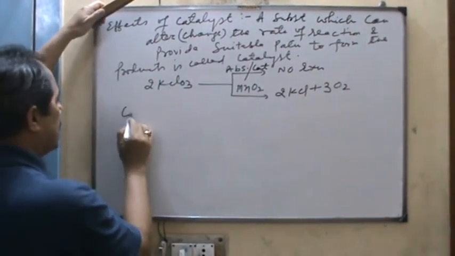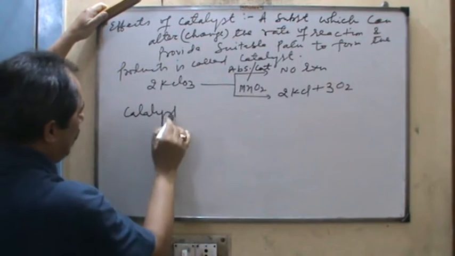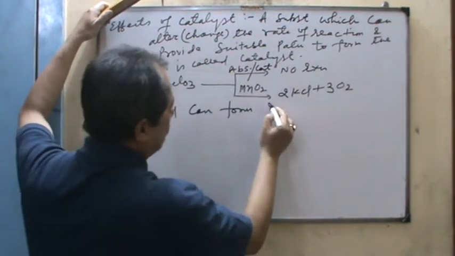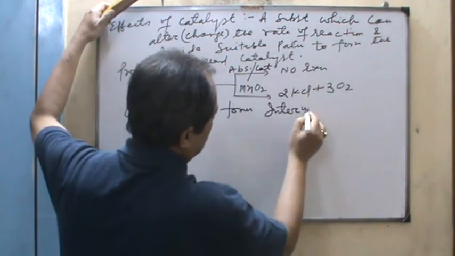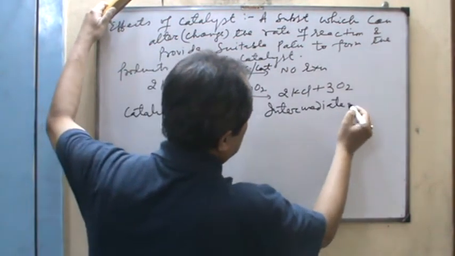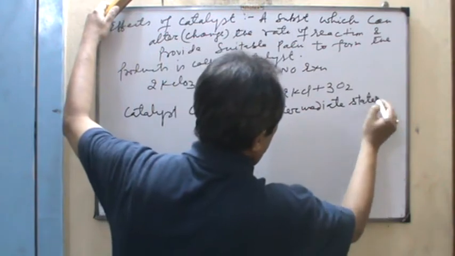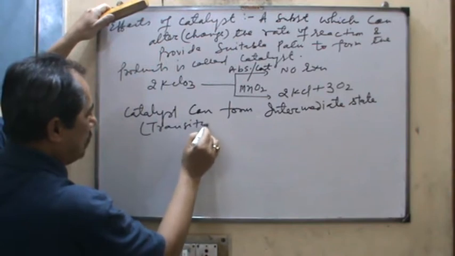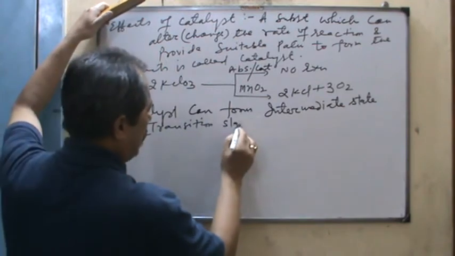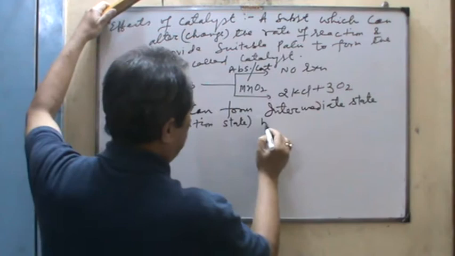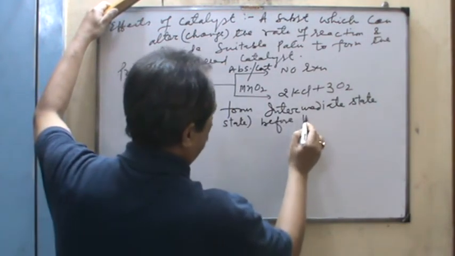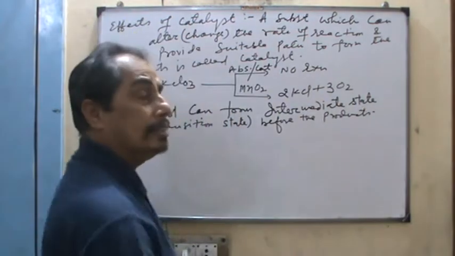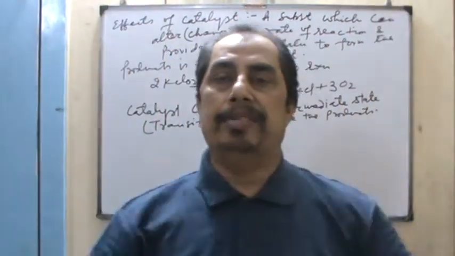So catalyst can form an intermediate state, or you can say transition state, before the products. What's the purpose of that? To minimize the activation energy.